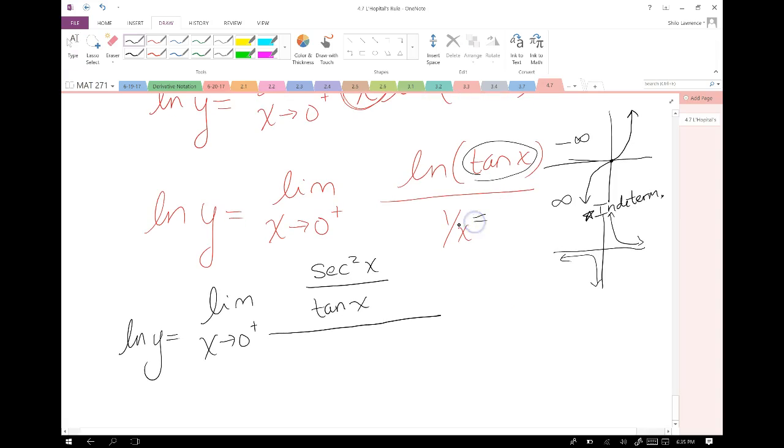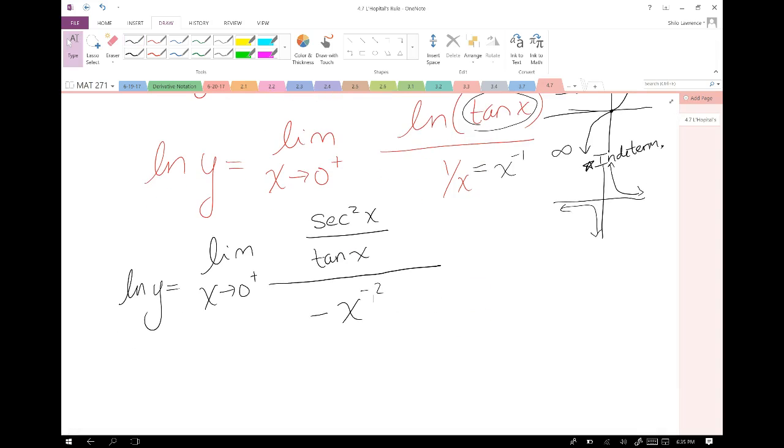And then you're probably going to have to think of 1 over x as x to the negative 1 so we can take its derivative. The power rule is going to tell us that that derivative is negative x to the negative 2. And before you try to plug in again, let's try to fix this as much as we can. Secant squared over tan, and then the whole thing over negative x to the negative 2.